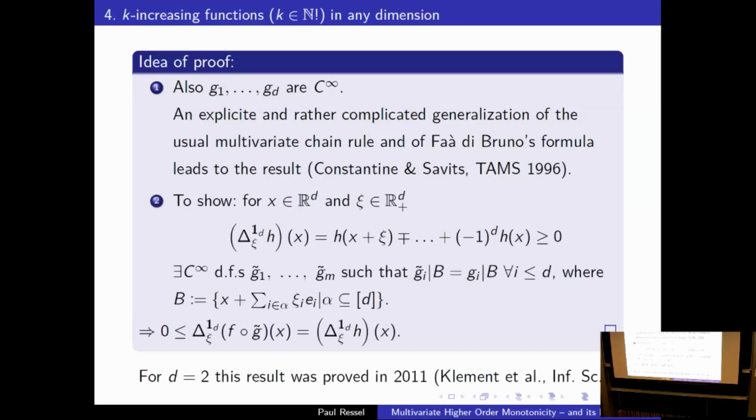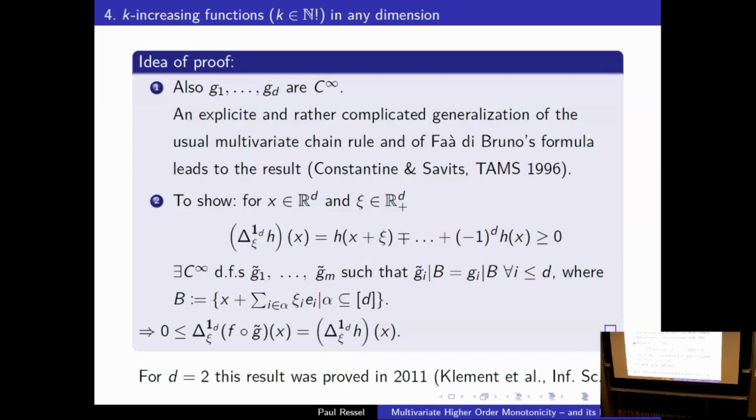And then the second part is very easy. To finish the proof, I have an x and now a psi, because h is a function, and I have to show that this difference is non-negative. It is easy to find C infinity distribution functions which coincide with the given G on a given finite set.